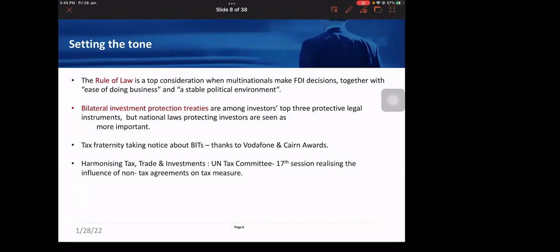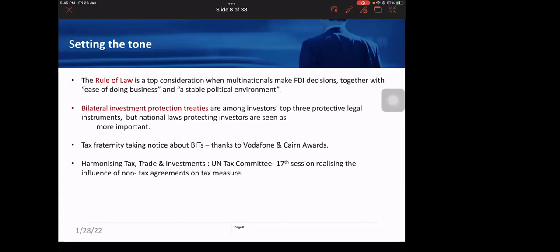But rule of law can be instilled or nudged through bilateral investment treaties as well. As I mentioned, it is the tax fraternity which has taken notice of BITs, thanks to the Vodafone and Cairn awards, Nissan, and previously quite a few others, like the Yukos case in Russia, which involved a lot of tax professionals in the investment space.